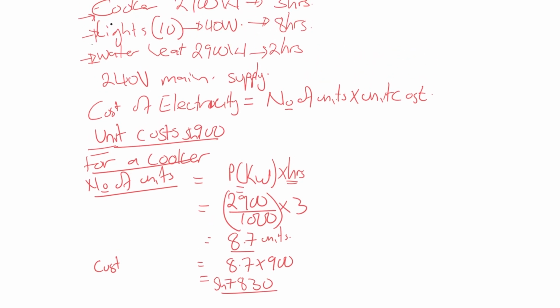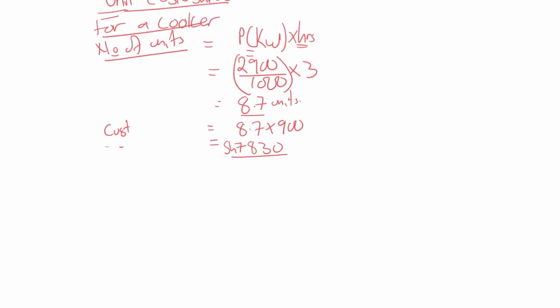So we can now move to lights. We had 10 lights. So the power that these bulbs will use, each bulb was rated 40 watts, so we multiply that value with 10, because they are 10 bulbs. This will be equal to 400 watts.